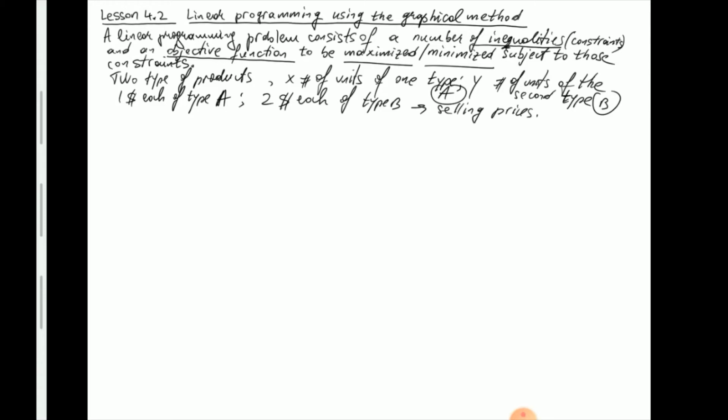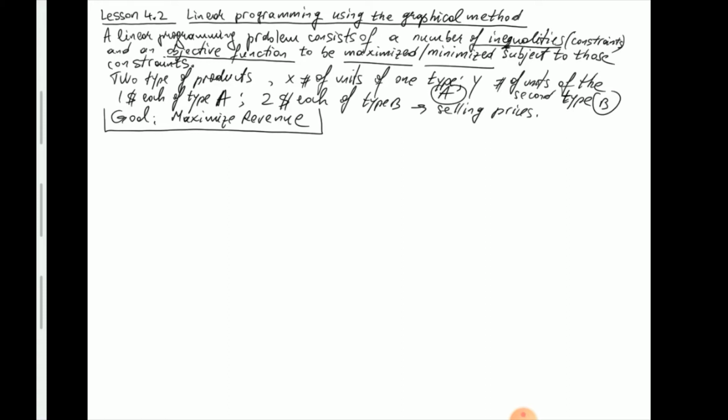And you want to maximize, so the goal is to maximize revenue. We deal with linear applications, linear equations, so all of these problems will lead to linear formats of various equations or inequalities.